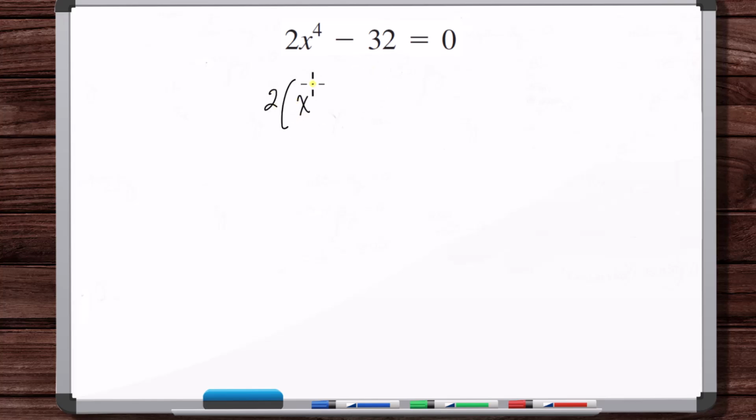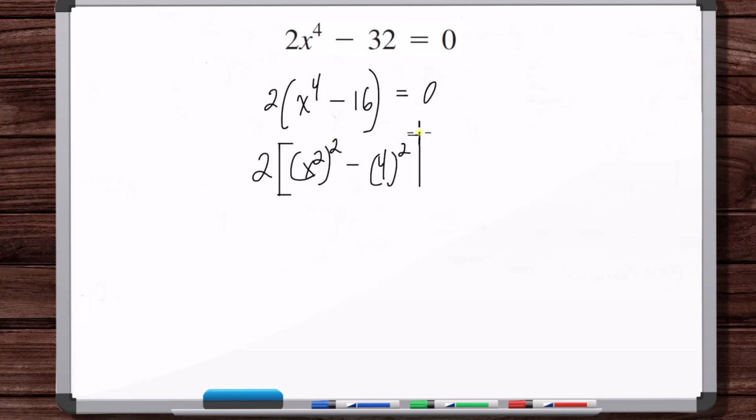So we factor out a 2. We've got this is x squared squared, so a difference of 2 squares here, x squared minus 4, x squared plus 4.